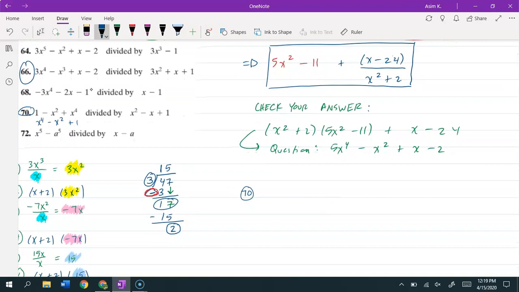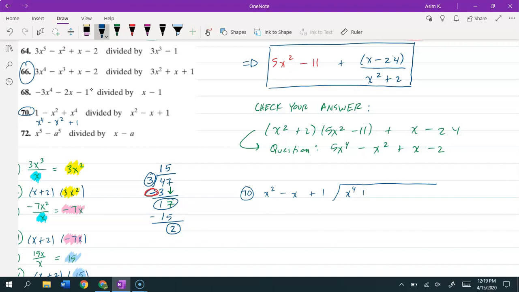So, Bismillah, first thing that you have to realize is what goes on the outside. The divisor is x squared minus x plus 1. And then what goes on the inside is x to the power of 4 minus x to the power of 3 with a 0 on it. Because you're probably wondering, why did you get the 0?